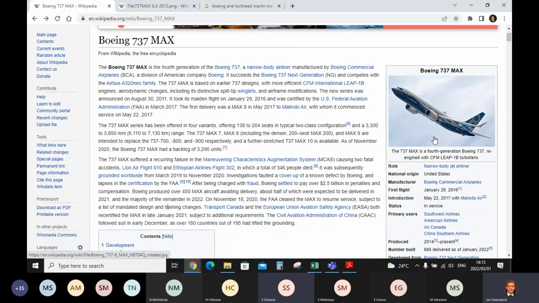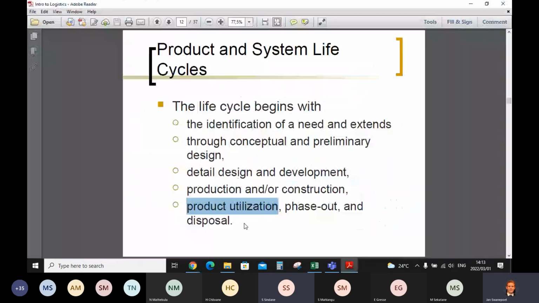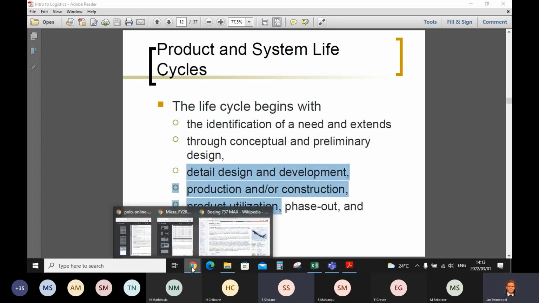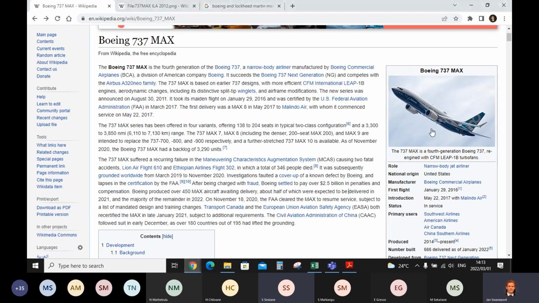So there you can see how a company went, and to be able to gain market share during product utilization, they made a strategic decision, and it didn't link up with their design decisions. And because of that, they suffered major catastrophe.